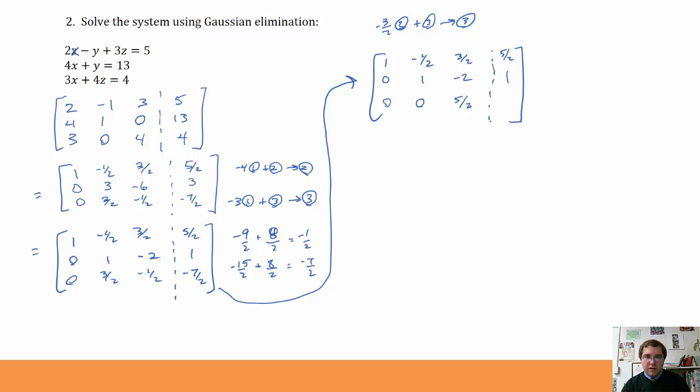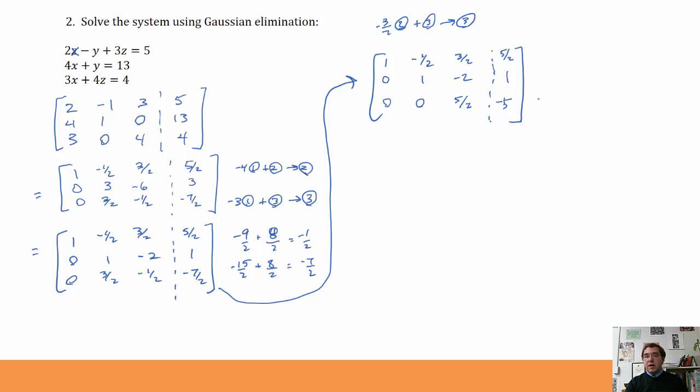Negative 3 over 2 times 1 is negative 3 over 2 plus negative 7 over 2 makes negative 10 over 2, which is negative 5. Bottom row. Almost finished. That 5 over 2 needs to become a 1. How do I make 5 over 2 into a 1?